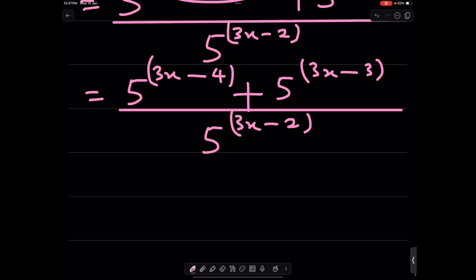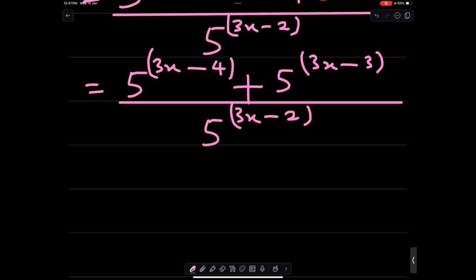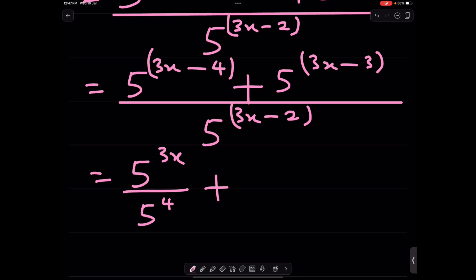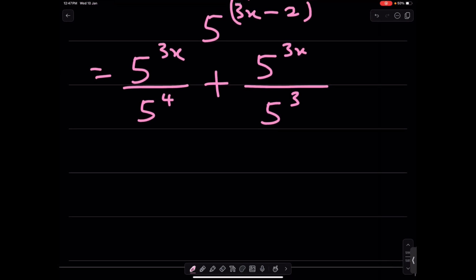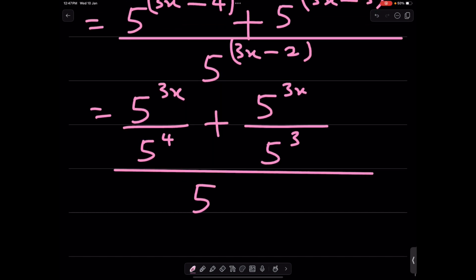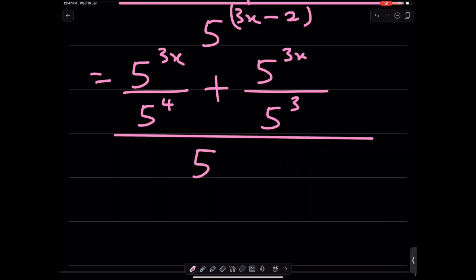That simply means we can write 5 raised to power 3x minus 4 as 5 raised to power 3x over 5 raised to power 4, plus 5 raised to the power 3x minus 3 is the same as 5 raised to the power 3x all over 5 raised to the power 3. And the denominator is 5 raised to the power 3x minus 2, which is the same as 5 raised to the power 3x all over 5 raised to the power 2. Now, what do we do?